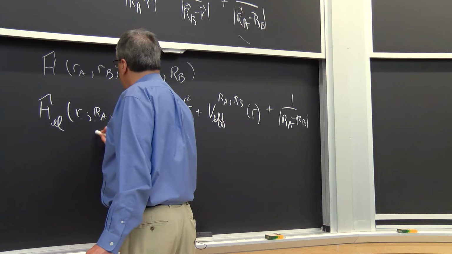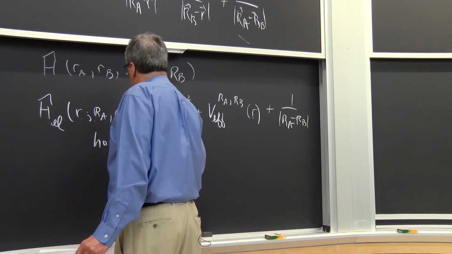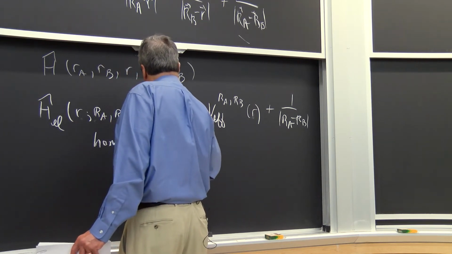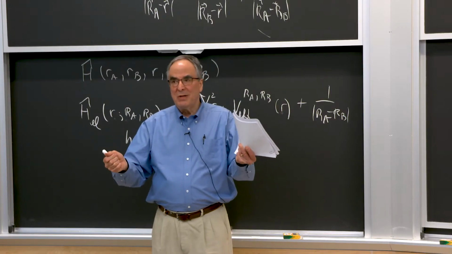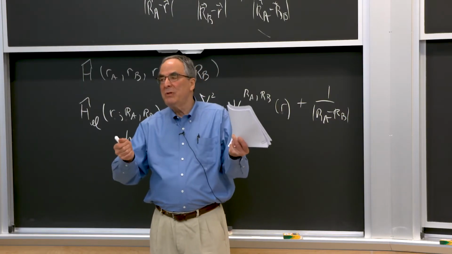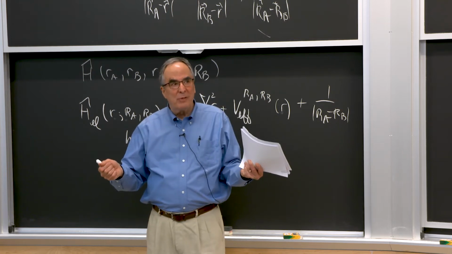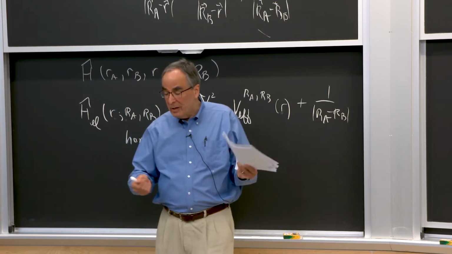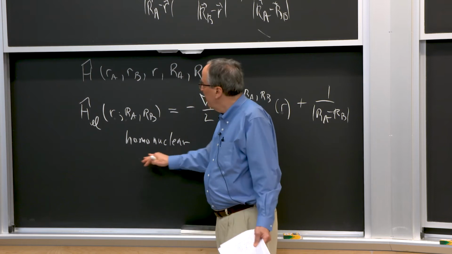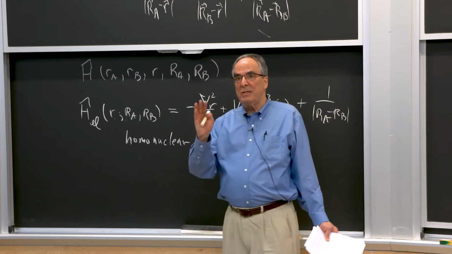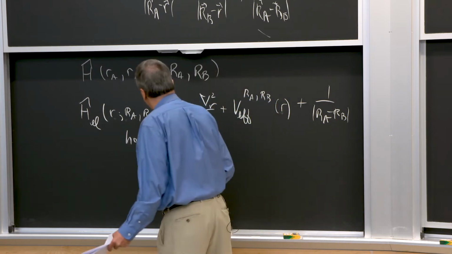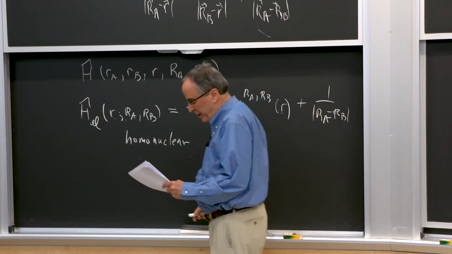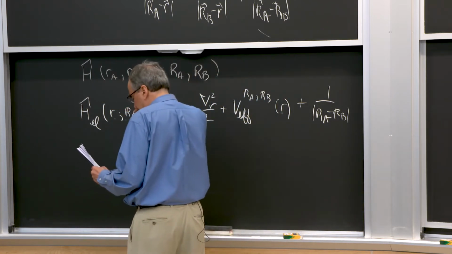And the simplest system is homonuclear. That's better than heteronuclear, because if we had two different atoms, we'd have to somehow represent their difference in properties. But because it's homonuclear, we just basically have the same atom repeated, and there's a lot of symmetry that results.